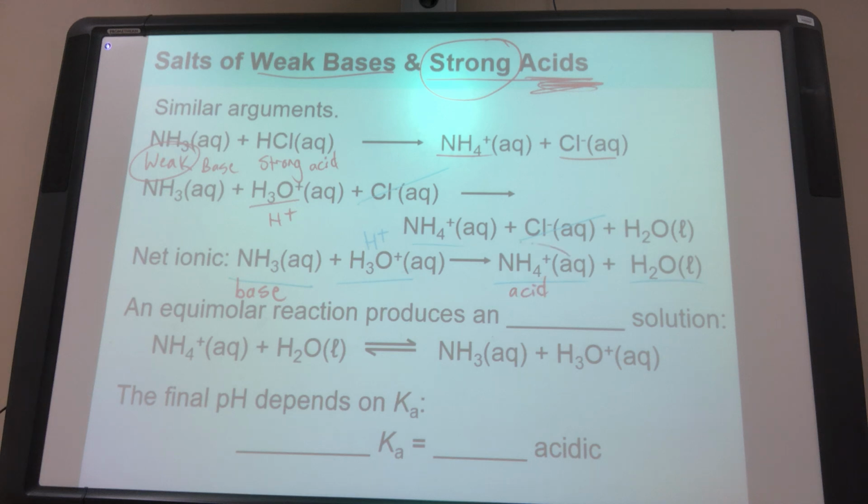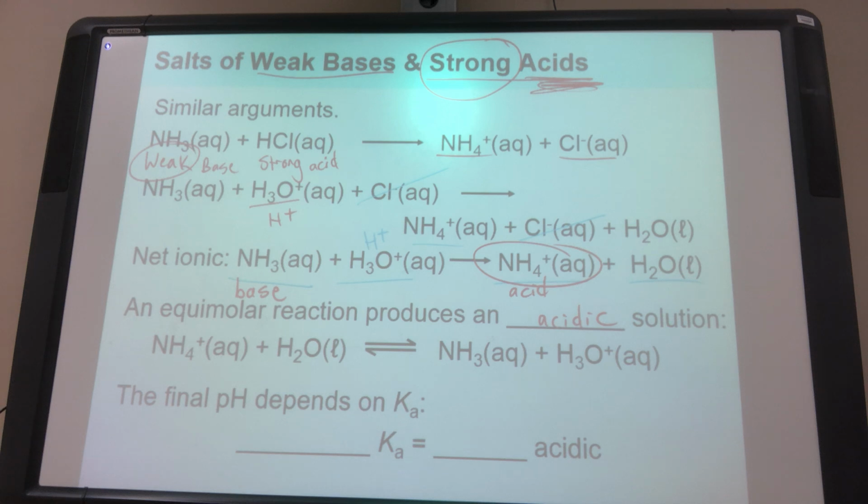All that I have left is my acid. So if I had equal molar amounts of my starting base and my acid, it's going to end up producing an acidic solution. Equal molar produces an acidic solution.